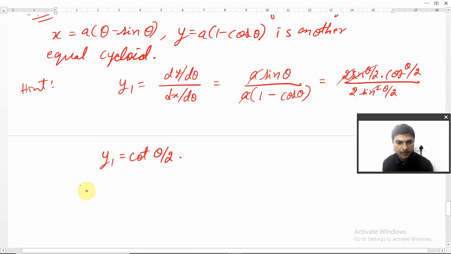Similarly, if you go for y2, differentiation, just differentiate this cot theta by 2. So if you differentiate cot theta by 2, see that theta is a different variable, so you cannot differentiate directly.